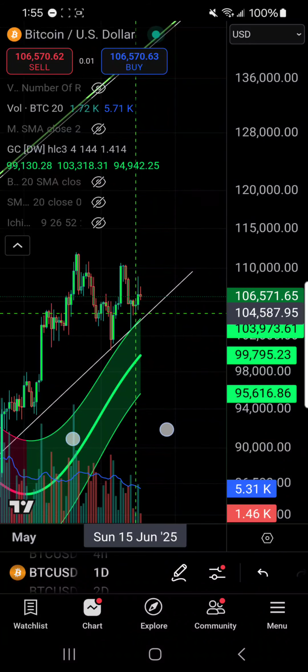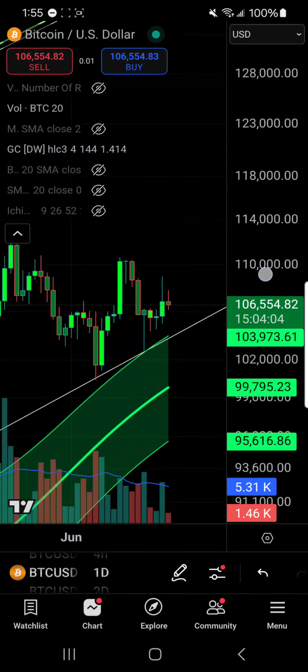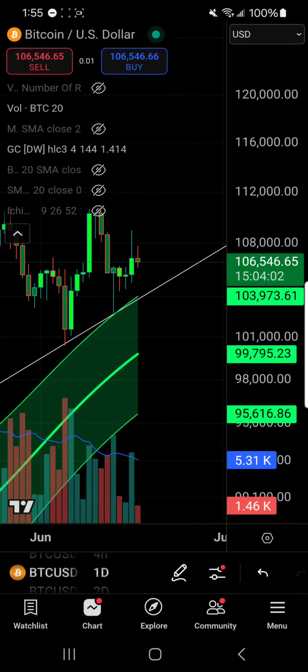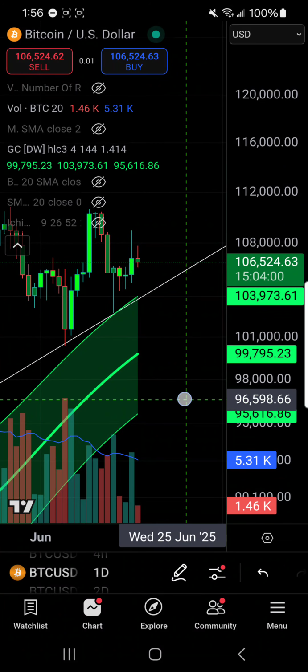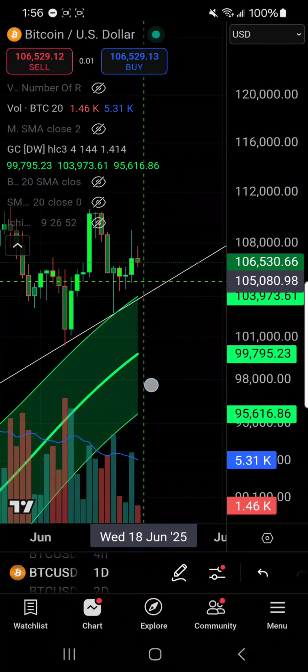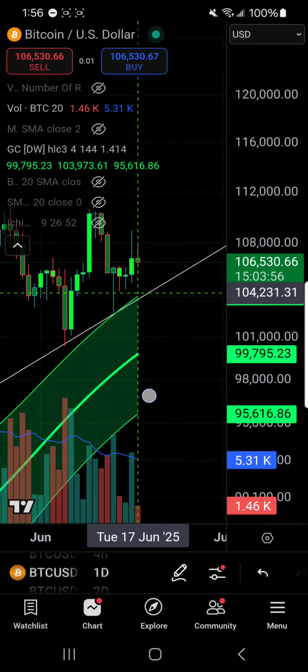And so, that's what we've got to look out for in the next few days. I believe that we will come back down one more time today or tomorrow, most likely, and test the top of the daily Gaussian channel one more time.